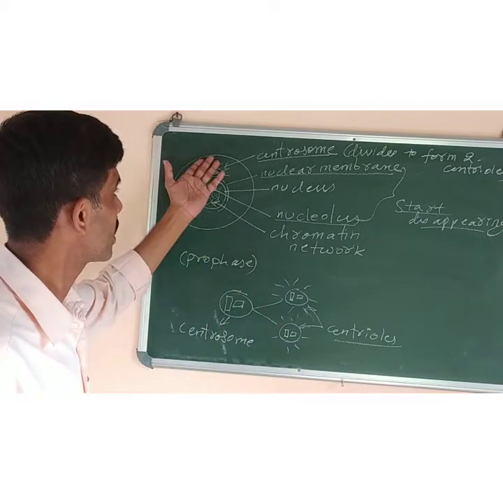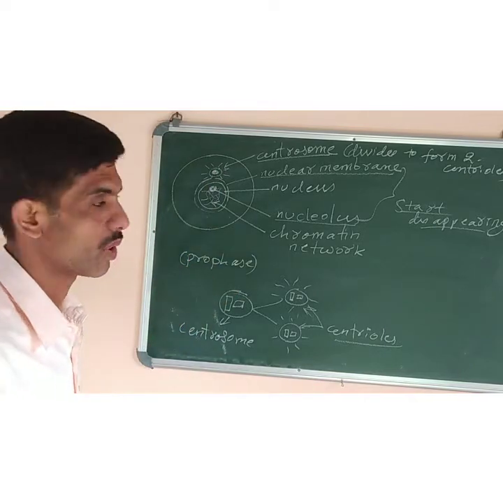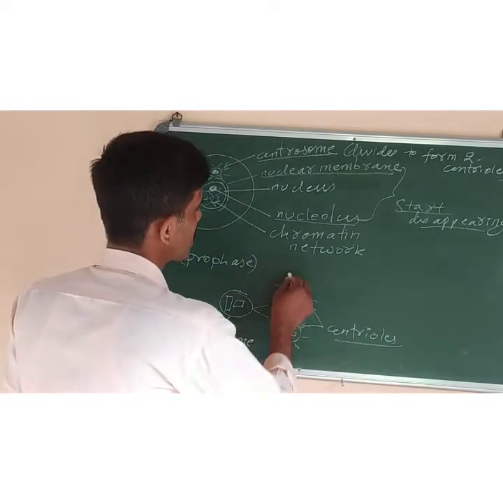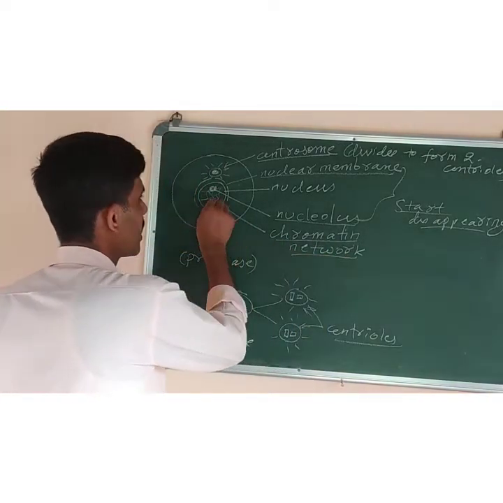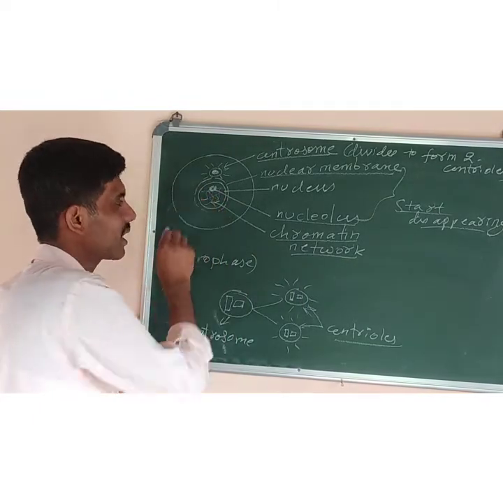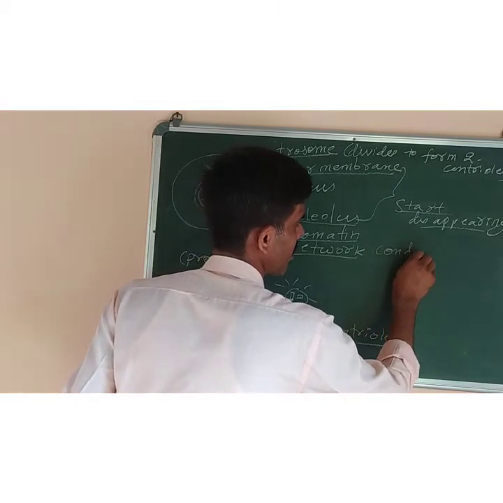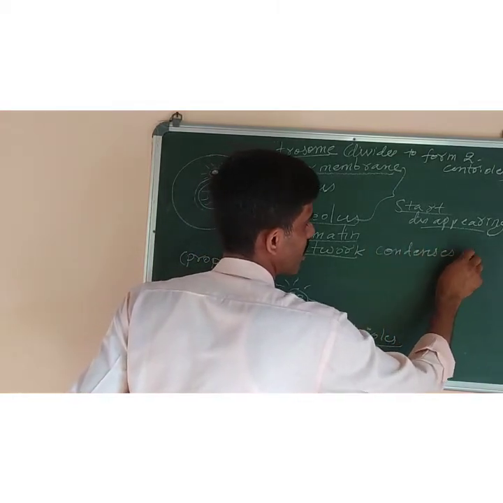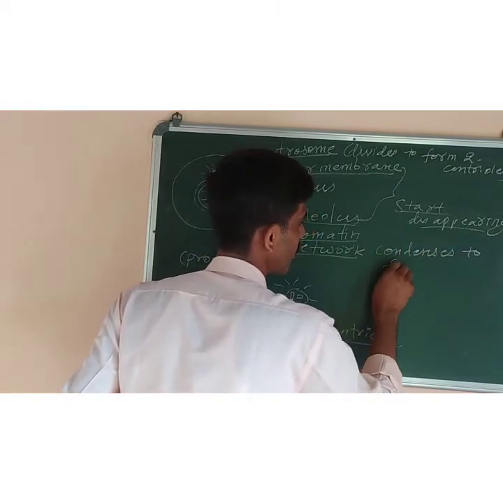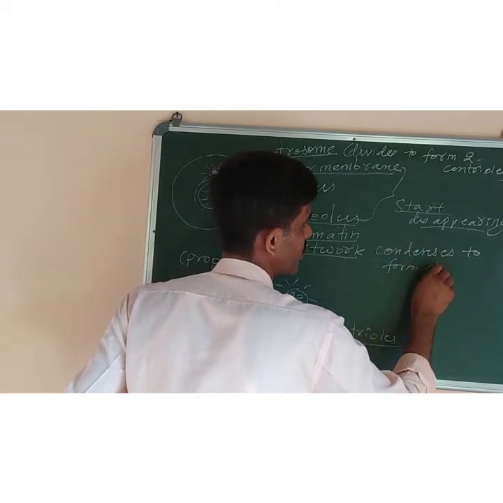Means if it is in the north pole, the other one goes to the south pole. And the next event which occurs, this chromatin network, this thread-like genetic material, it condenses, means comes closer to form chromosomes.